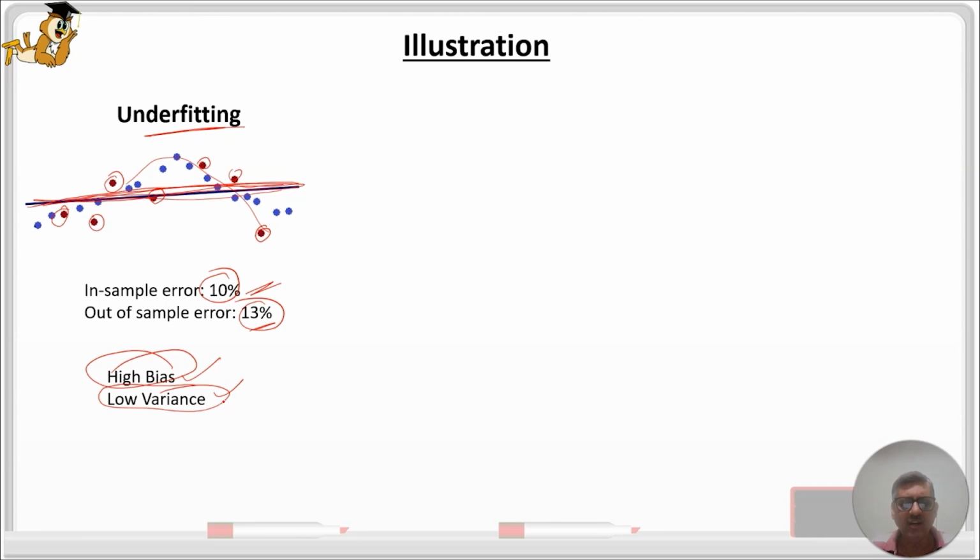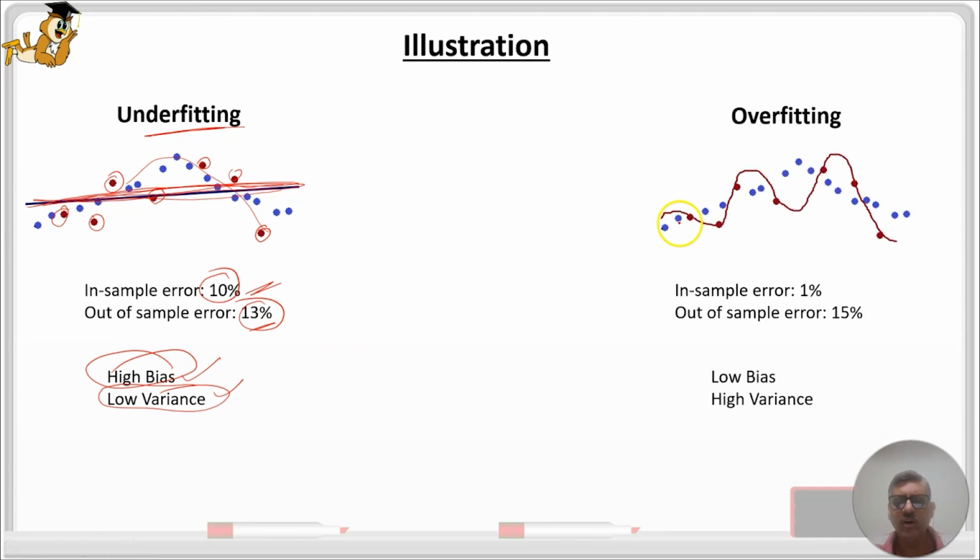On the other hand, you can have a scenario of overfitting, where I have hand drawn a complex curve that passes through all of these training points. Now you can see that my in-sample error is going to be pretty small, whereas my out-of-sample error may still be large.